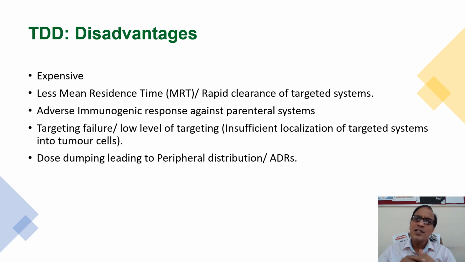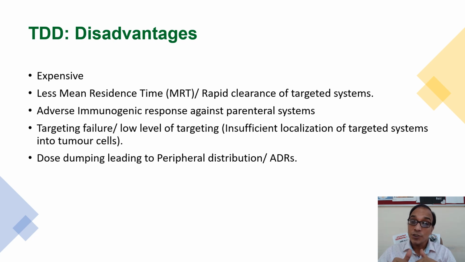Next important thing is, in many cases there is less mean residence time (MRT) of the targeted drug delivery systems, and in many cases there is a rapid clearance of the targeted system.